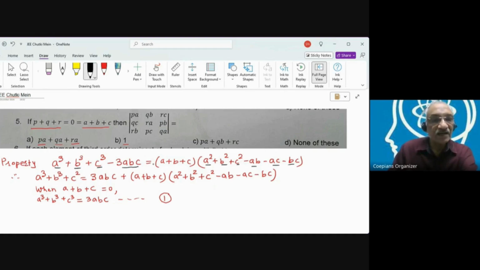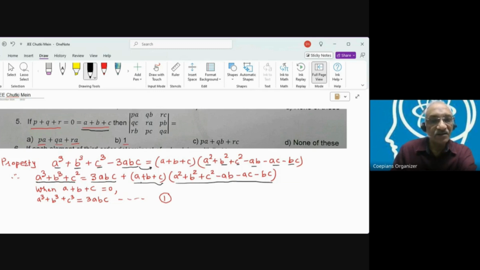Now, using this same property, if you take 3abc on the right hand side, it becomes a cube plus b cube plus c cube is equal to 3abc plus a plus b plus c into bracket, in this particular bracket, which I have repeated. Now, in this particular case, we know that a plus b plus c is 0.